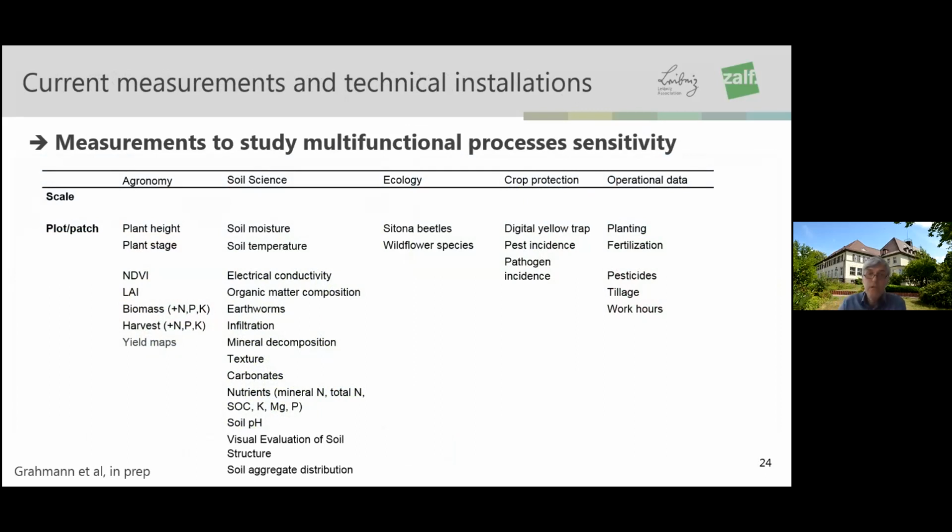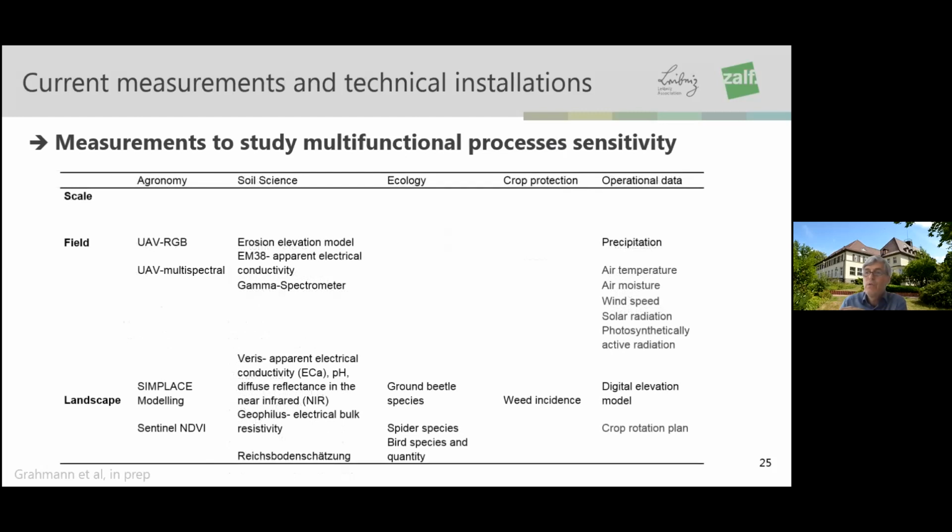So there's a range of measurements already taking place, and this is gradually increasing for the plot and the patch sizes, but also for the field and the landscape level, measuring and monitoring activities. And the more we monitor and measure, the better the databases are in order to do a more comprehensive analysis and then also a more comprehensive assessment.